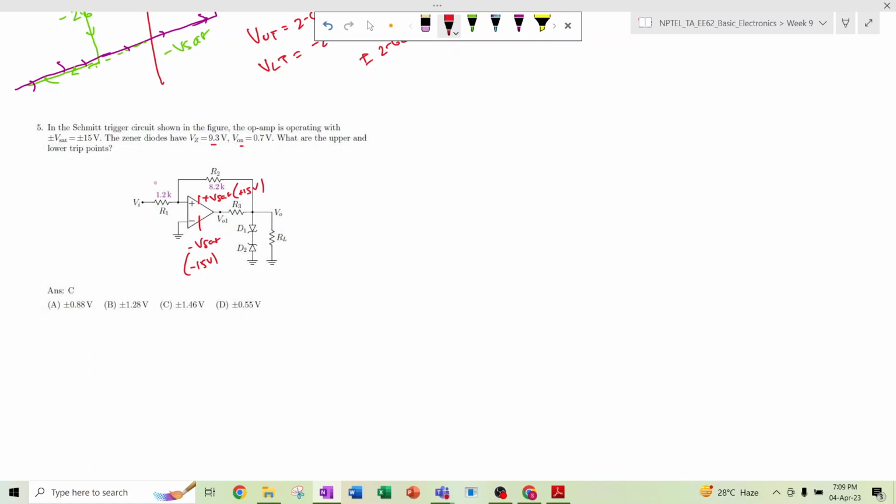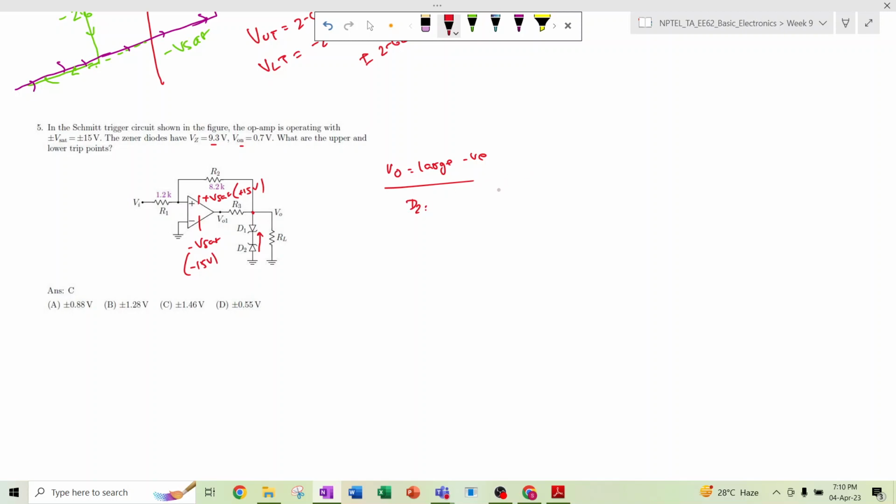So we can easily determine this using the same Schmitt trigger analysis. How can we solve this? Suppose the op amp is in this condition. Suppose this terminal is too positive, so suppose VO is large negative, that means the current will flow from ground to this terminal.